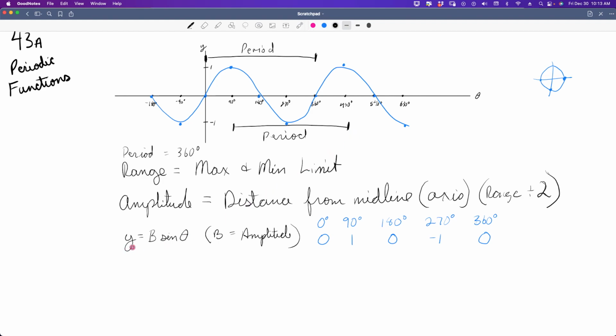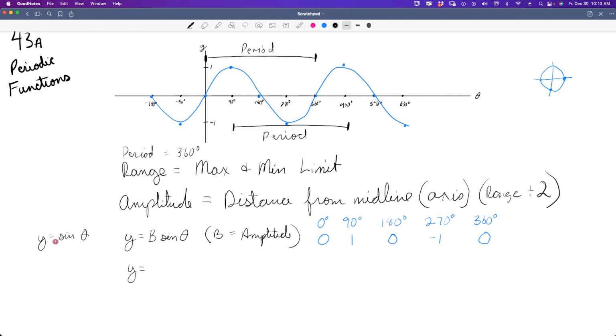So now, what if we have a negative function here? What if this is a negative b? How do we handle that? B is going to be a whole number. Right now, this function right here, because it has a value of 1 for your amplitude, this b would go away, and this would actually be written as y is equal to the sine of theta.